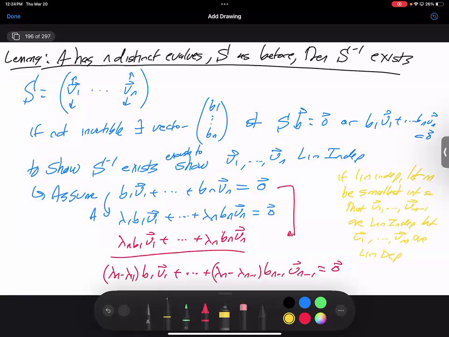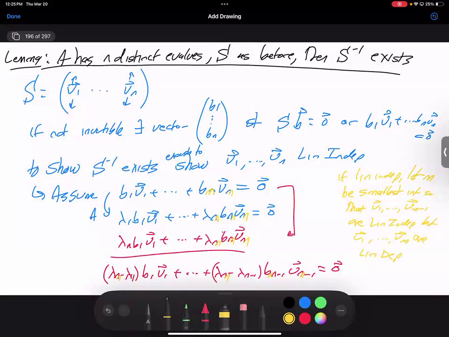And now all I have to do is change these n's to m's. And now I've just found a smaller set of vectors that are linearly dependent. Therefore, my assumption is false, and they are linearly independent. And so if your matrix has n distinct eigenvalues, then you are diagonalizable.